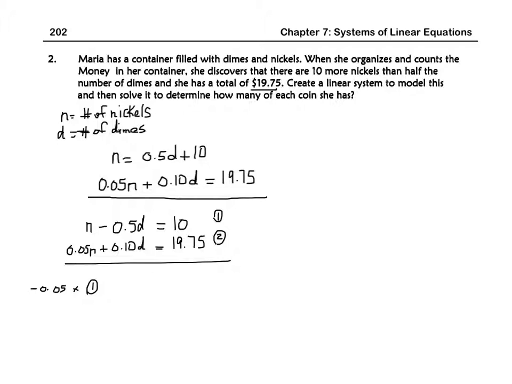So this would give us negative 0.05n, and then a negative times a negative is going to be positive 0.025d equals 10 times a negative 0.05, which is going to be negative 0.50, because it's multiplied by a negative there. The second equation is not going to change.